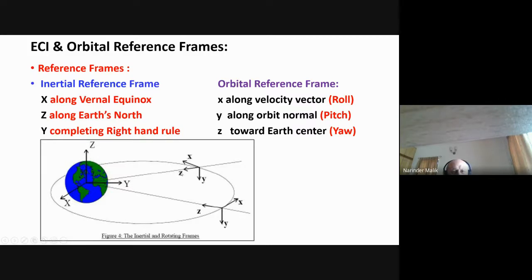And the orbital reference frame is moving, rotating with respect to the orbit, because the way it is defined is the x-axis is always along the velocity vector, the z-axis is always along the Earth center, and the y-axis is the right-hand sense completion. Now the satellite comes here. So here the z-axis is moved. That means there is a rotation about the y-axis at the rate of the orbital rotation rate. So the orbital reference is basically rotating with respect to the inertial reference frame in this manner.